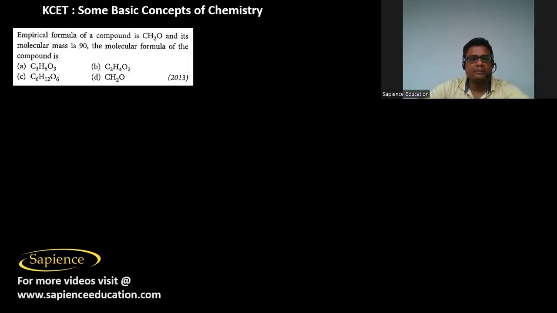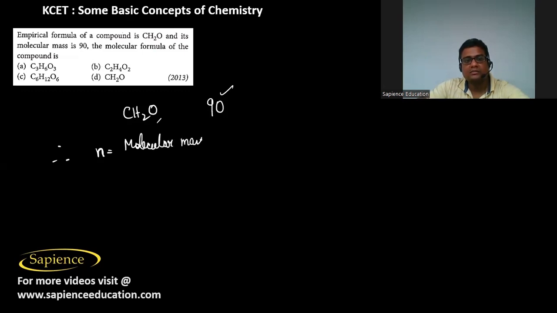Then here it is told the empirical formula of a compound is CH2O and its molecular mass is 90. Then the molecular formula of the compound is. Now here we have to find out the value of N. N is equal to the molecular mass by empirical formula mass.